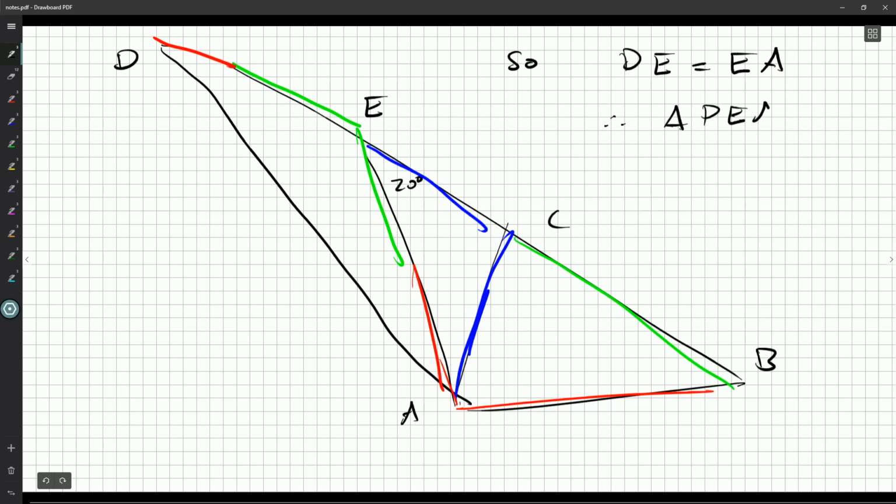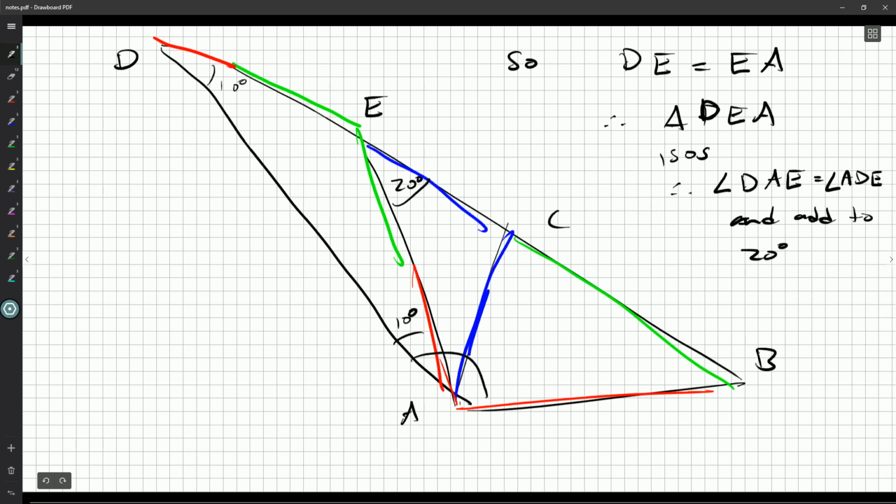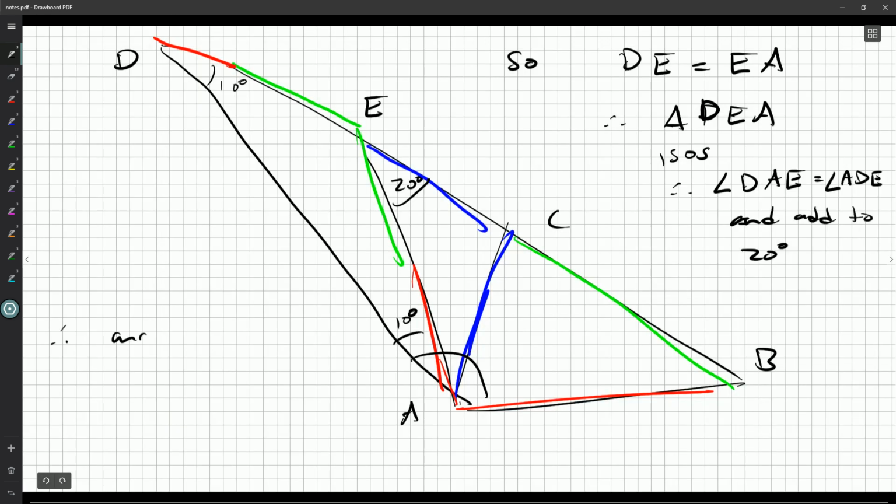So DEA is isosceles, and therefore DAE equals ADE, and so they need to add up to 20 degrees, so they've got to both be 10 degrees, and we wanted this angle. No, we wanted the angle up at D, yeah. So therefore the angle at D is 20 degrees. There we go.